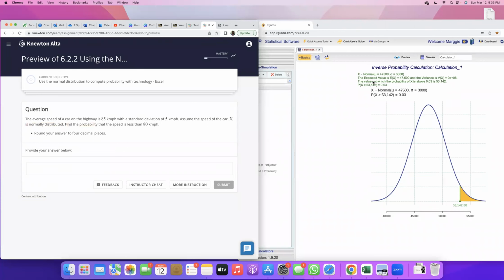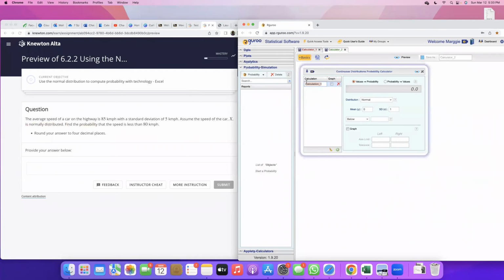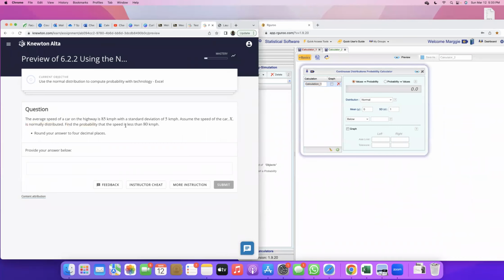So then I'll do the same thing. I'll go to probability and open a new calculator. And now it's asking us for a probability. We want to find the probability that the speed is less than 80. They give us values, right? That value is the 80 kilometers per hour.